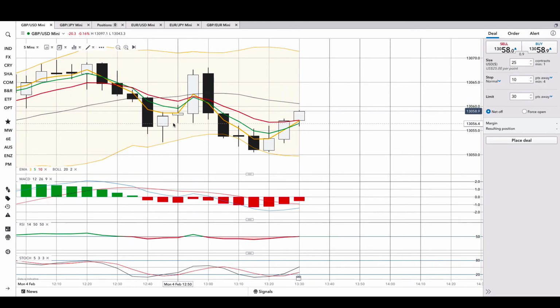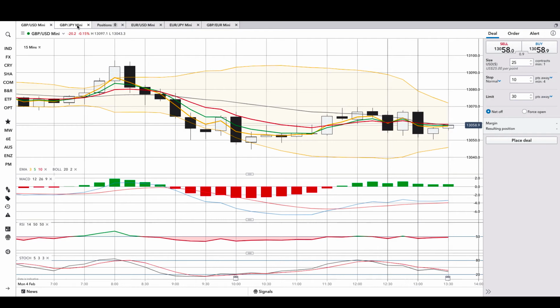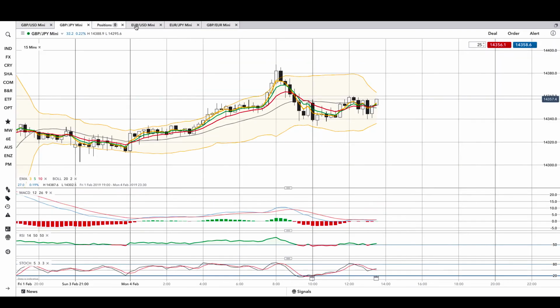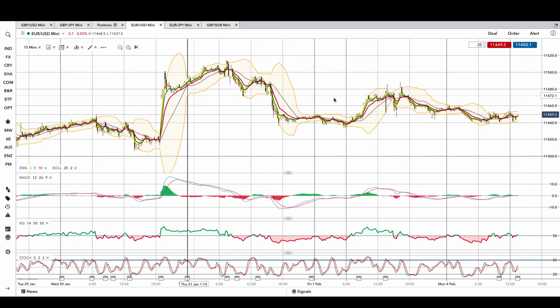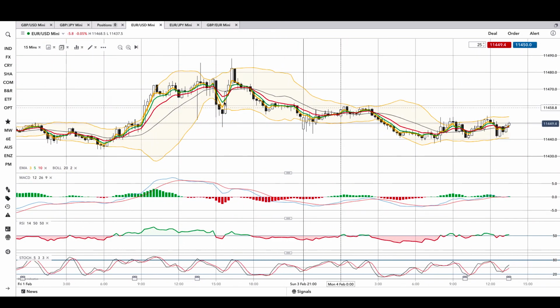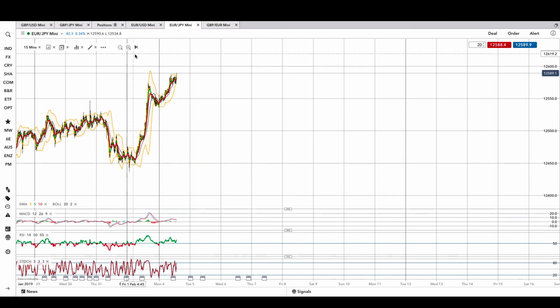It went down here, and then you will see different indicators. So for a 15 minute chart, I would not recommend the New York session, right? Especially when it's the opening session, right? Because it will be too volatile.